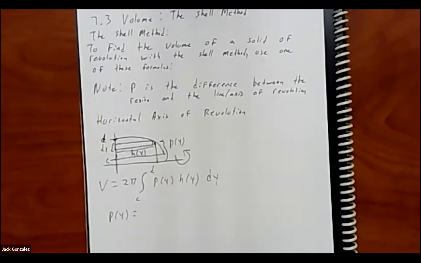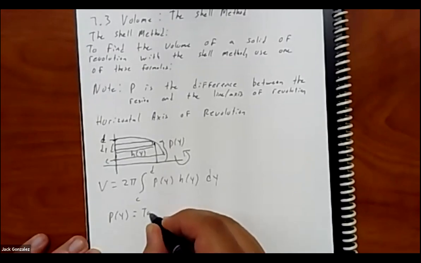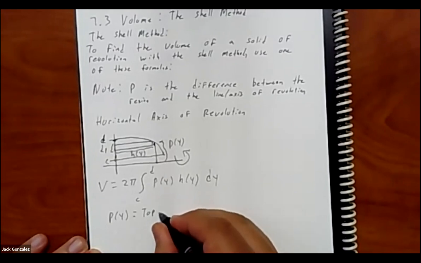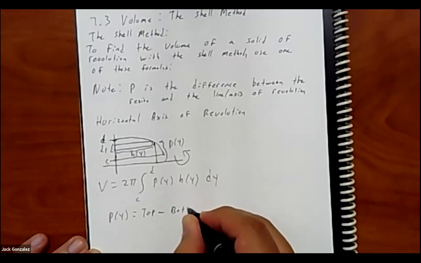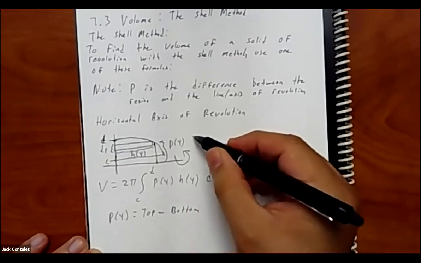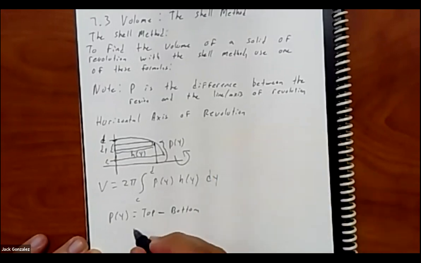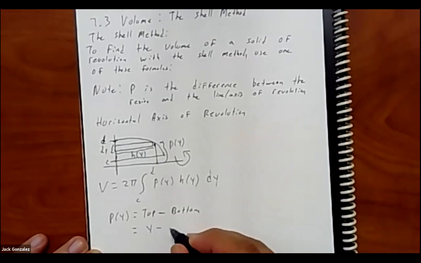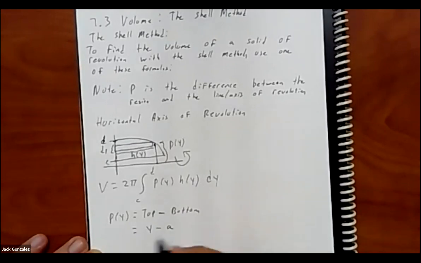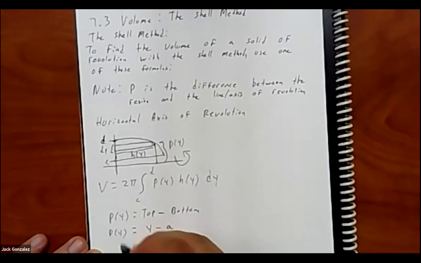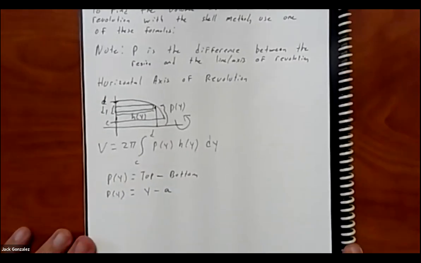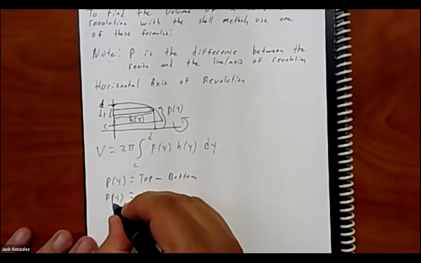Yeah, that's right. Okay. Looking at the book, it didn't make sense for a second. Top minus bottom. Right. Top minus bottom. Which is basically some y distance minus a. So rho of y is equal to this.